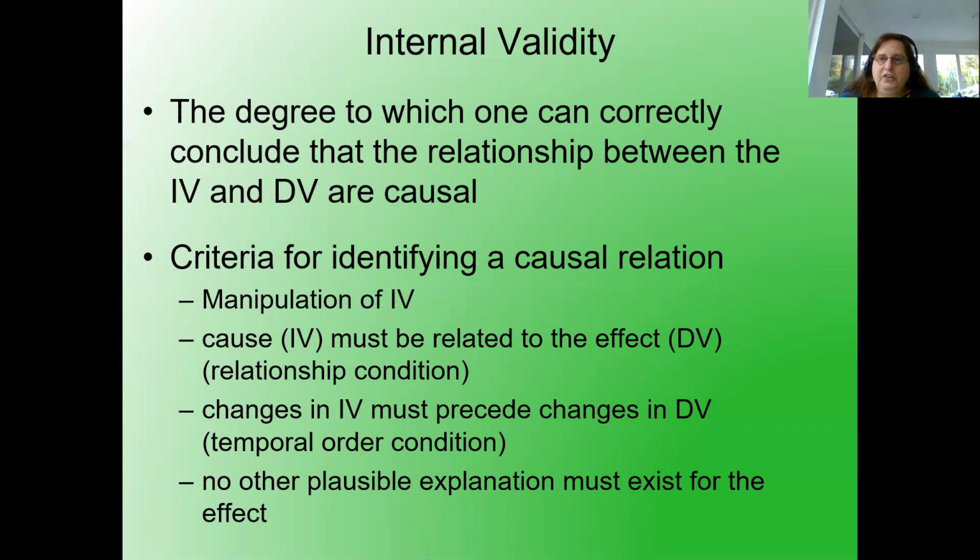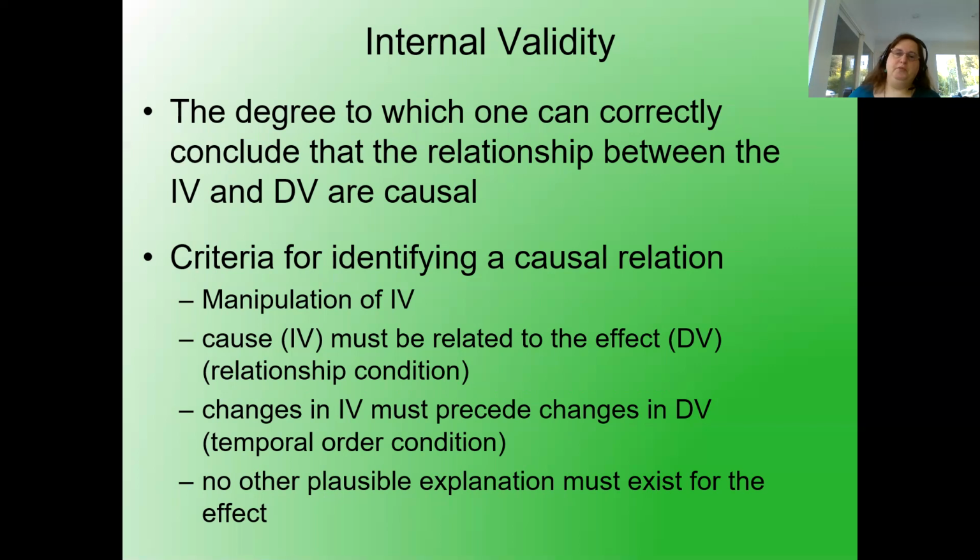Next, the cause must be related to the effect. It must have a relationship. We must show, and usually we show this statistically, that there is a relationship between cause and effect. Next, the changes in the independent variable must come before the changes in the dependent variable.